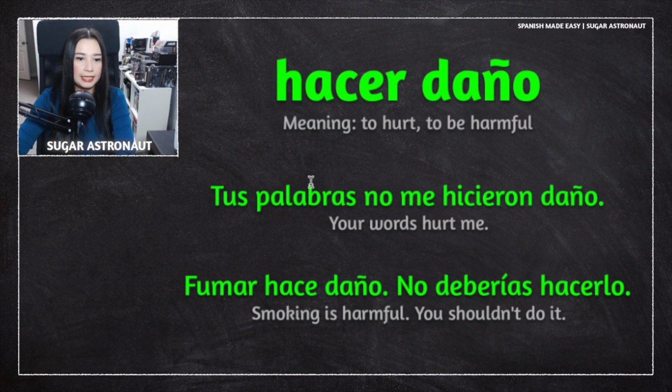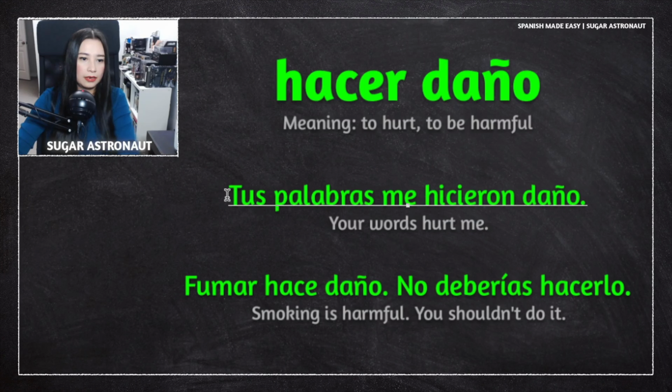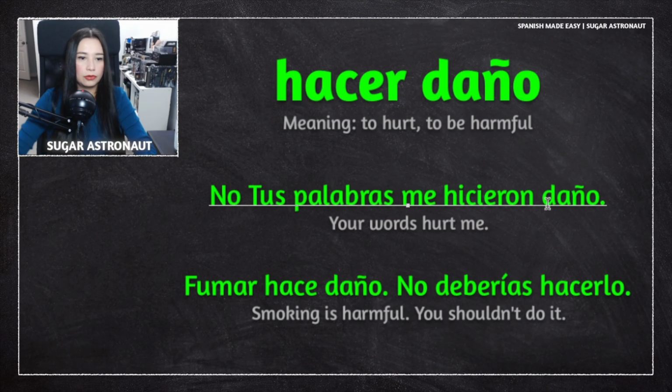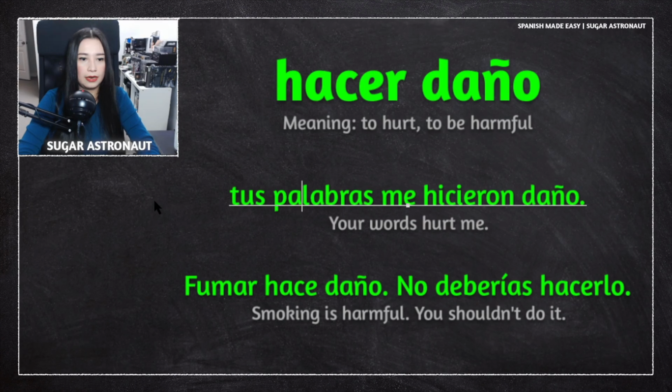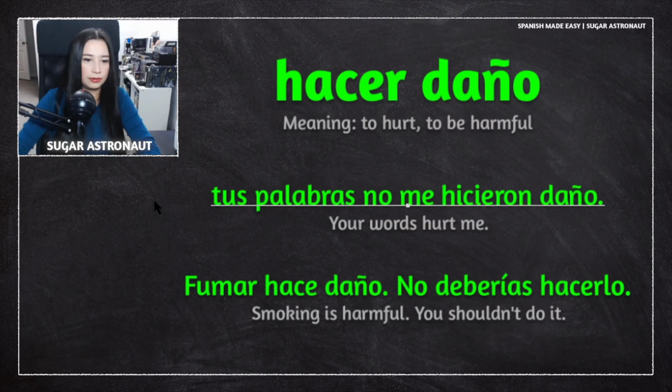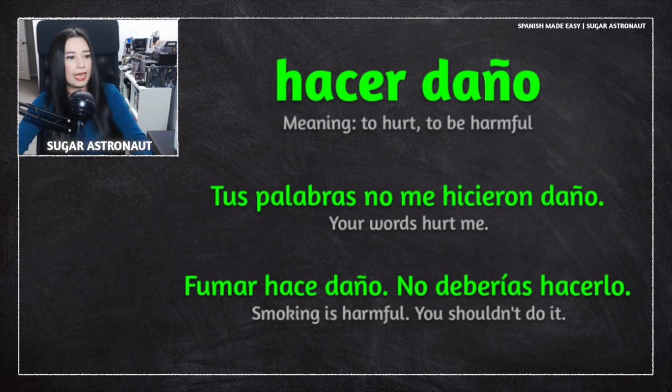We have the phrase and then we just add no at the beginning, because if you put it here, no, tus palabras me hicieron daño, it's not correct. You're going to have it here next to the phrase. Okay? Excellent.